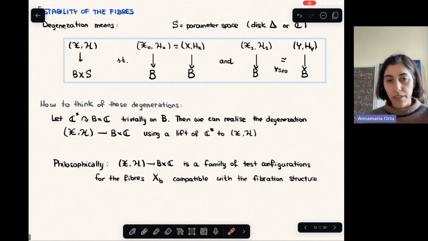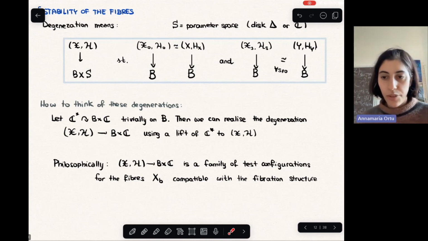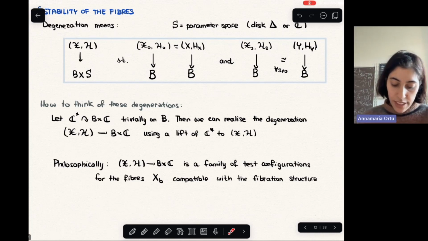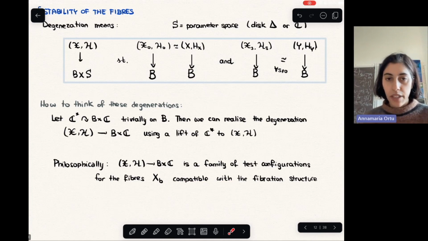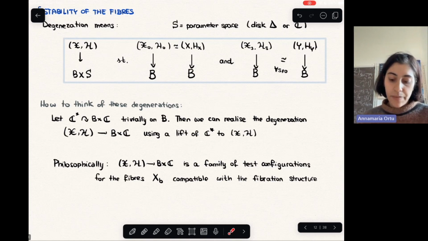For each fiber, we have test configurations, for those who know what a test configuration is, that is compatible with the fibration structure, so with the projection, and with the fact that we have a holomorphic family. And so this is a way that we can think of this family as all the fibers are the same except for the central one, which is the special one with constant scalar curvature fibers.